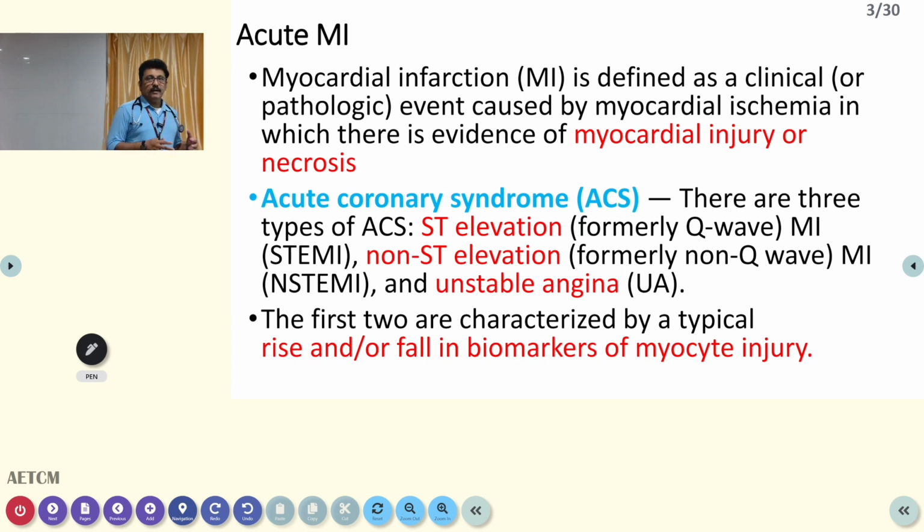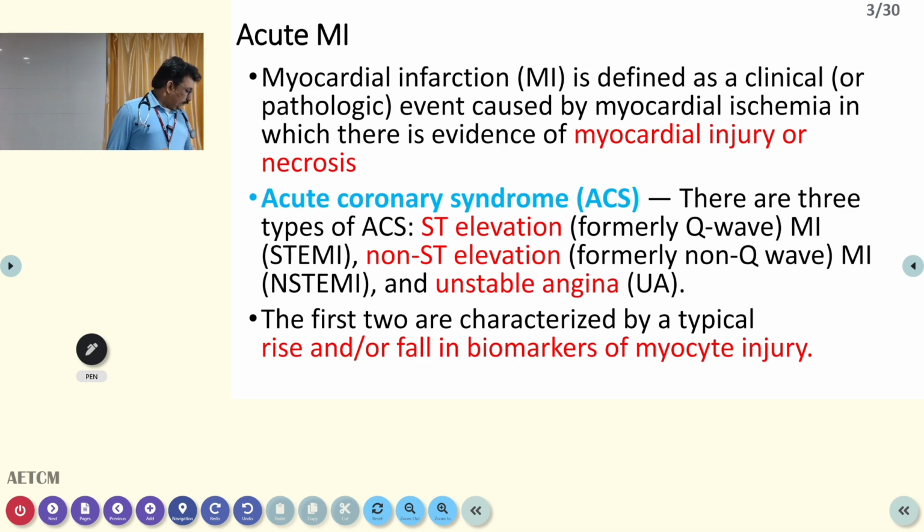Whereas in myocardial infarction, there is complete obstruction of the arteries. That is very important. In myocardial infarction, there are two types: ST elevation myocardial infarction or non-ST elevation myocardial infarction. That all depends on the ECG changes. So, how do you differentiate myocardial infarction from unstable angina? In unstable angina, cardiac enzymes are not elevated, whereas in myocardial infarction, cardiac enzymes are elevated.